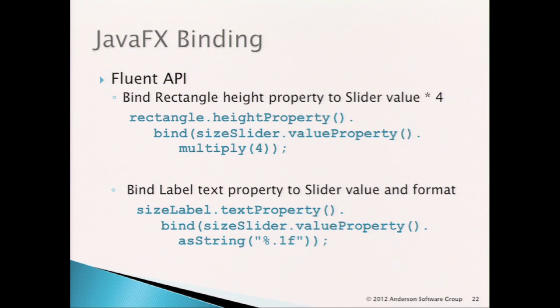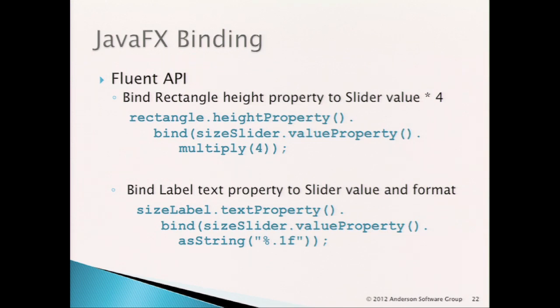Well, it turns out that we can use the Fluent API in JavaFX for this, because there's a multiply method that you can call to multiply the value of a property with some other expression that you have. So basically what this one line of code is specifying is that when the value property of the size slider changes, we'll update the rectangle's height property with the slider's value times 4, using the Fluent API method called multiply.